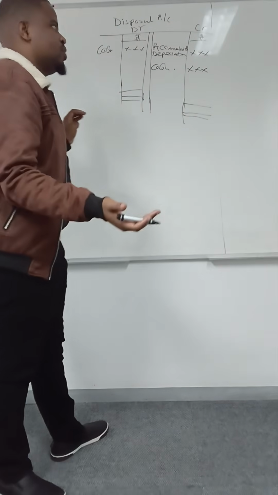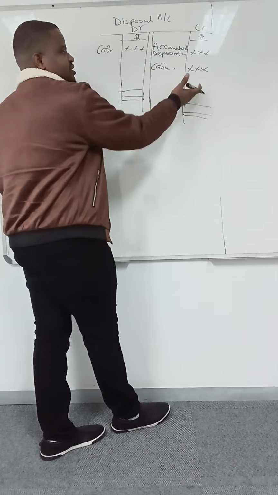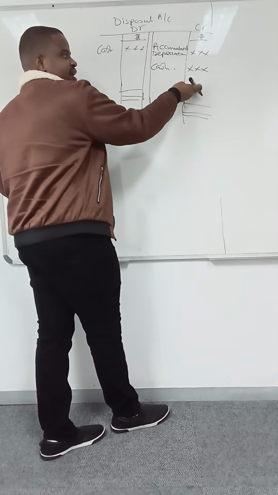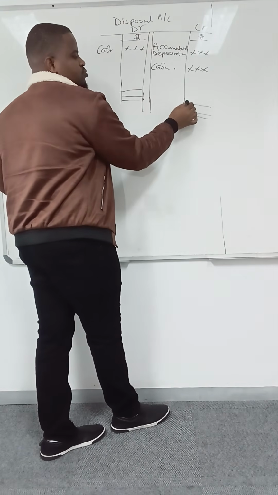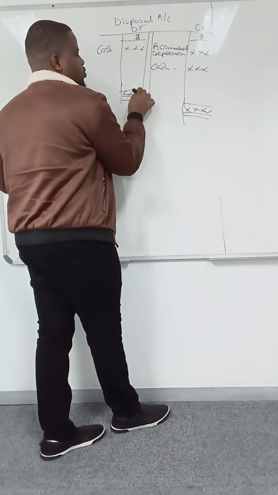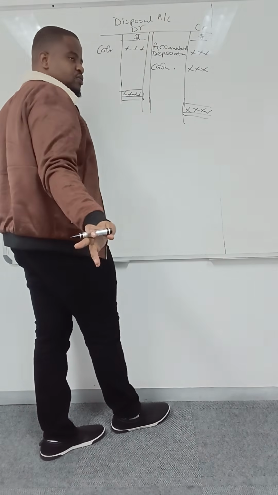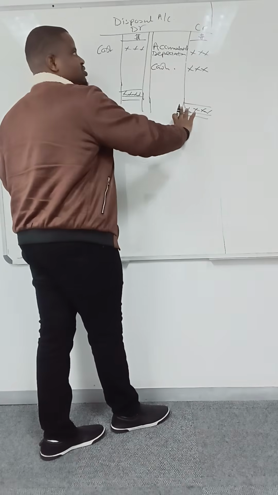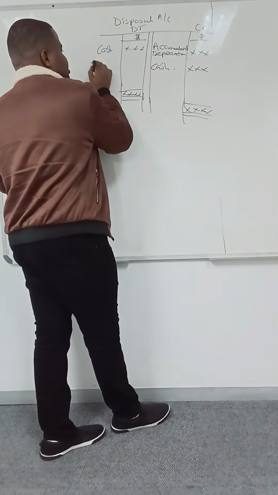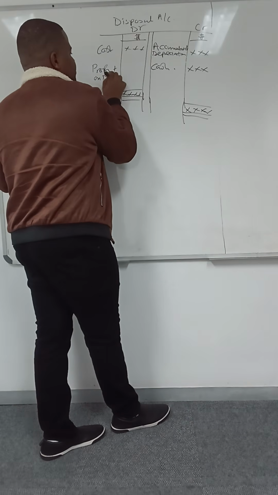Then at the end, what are we going to do? We are now going to see which side is bigger than the other. Let's say this side is bigger than this side, so it means we add here, we subtract here. If the credit side is more than the debit side, it means there is profit on disposal.